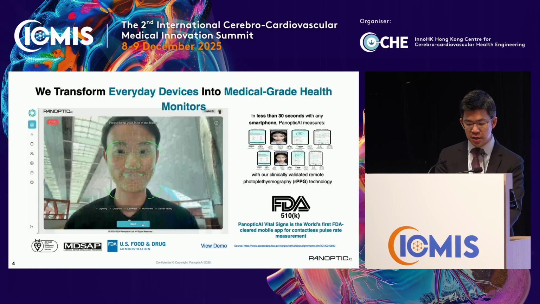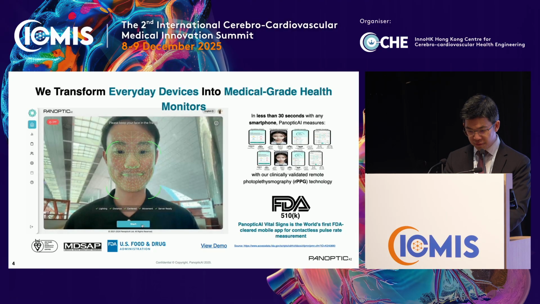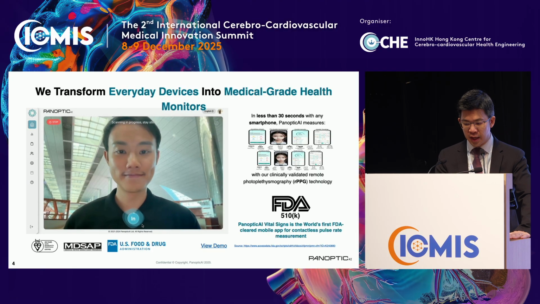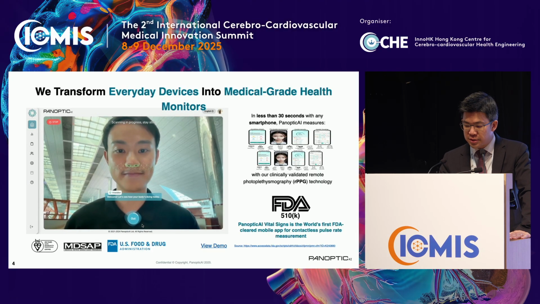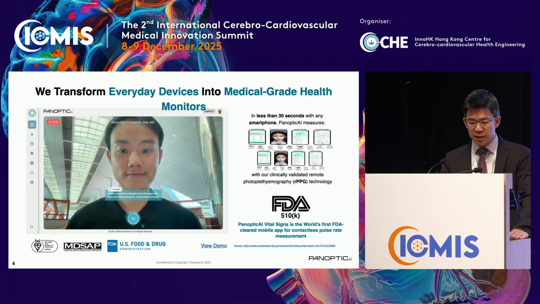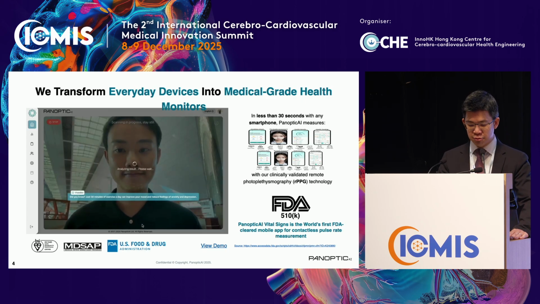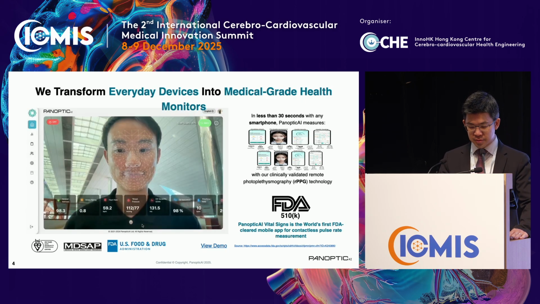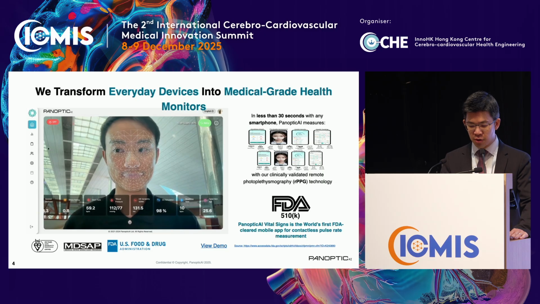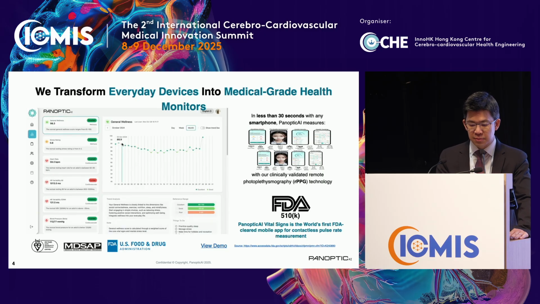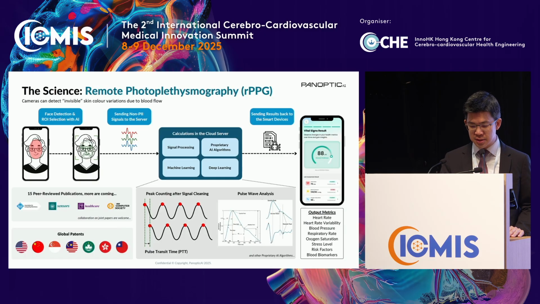You can see here a short video of how this is done, and you can see that in less than 30 seconds, the Panoptic AI, with the RPPG technology, is able to detect a number of biometrics data, and the pulse rate has been FDA approved. You can see this video of Carl, which is the CEO of this company, and you can see some of the measures that can be detected.